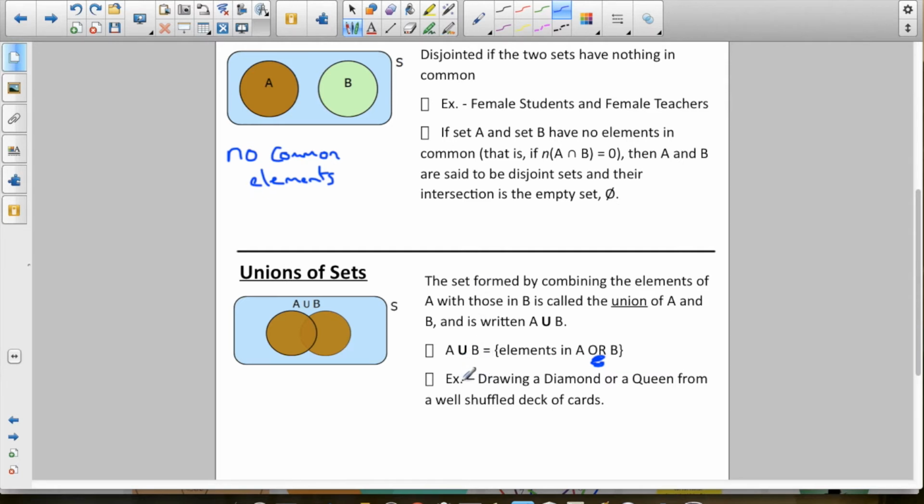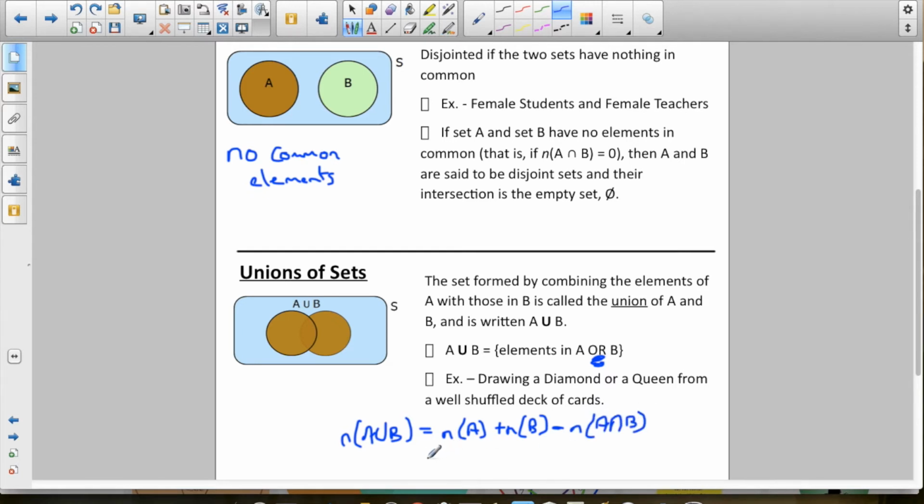So for example, if you are drawing a diamond or a queen from a well-shuffled deck of cards, then we would write this as the number of A union B is really, again, the number of A plus the number of B. But again, if they have any elements that intersect, we have to subtract.